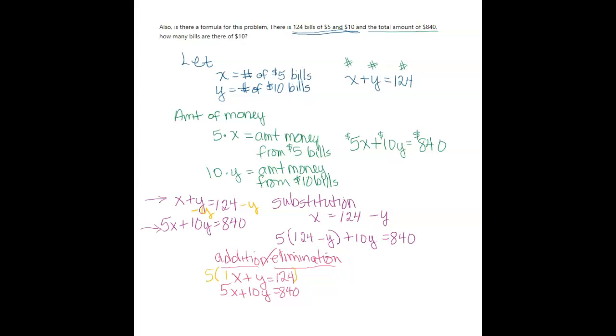Everything is multiplied by 5, and I get 5x plus 5y equals, here's my math, 124 times 5 is 620. Then I bring down my other equation, 5x plus 10y equals 840.